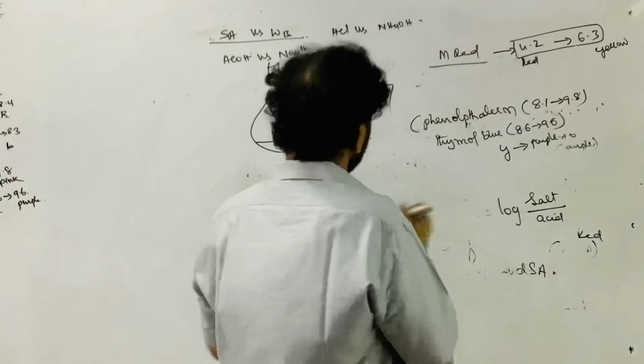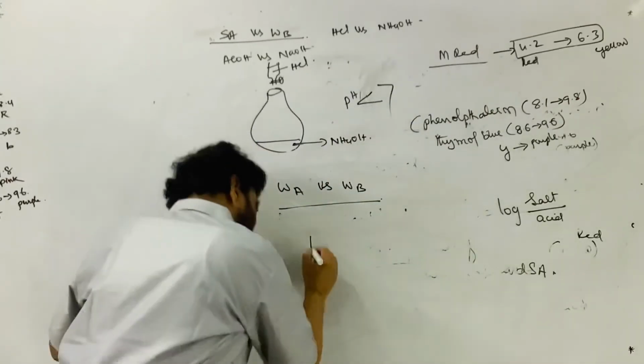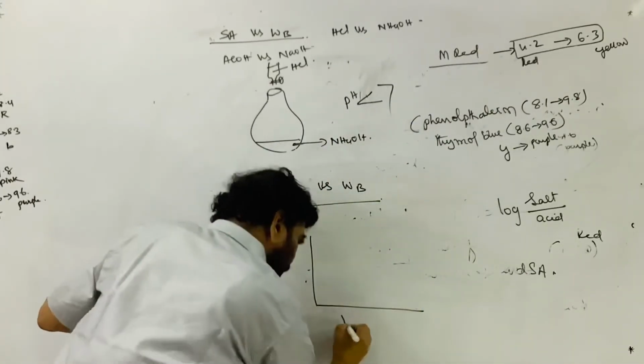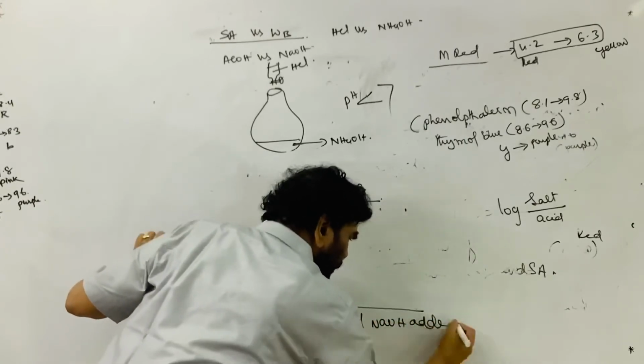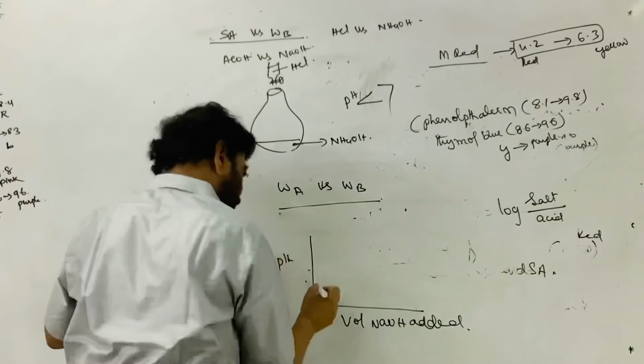If you come to the strong acid versus strong base, this axis is the volume of sodium hydroxide added, and this is the pH of the solution.